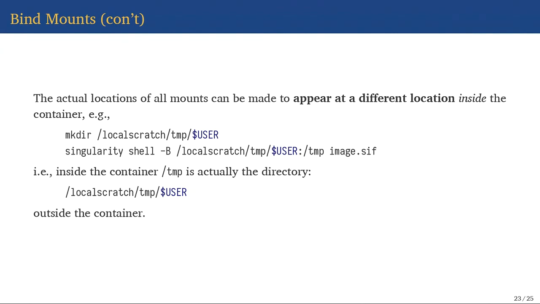You probably just want the temporary space available through the local scratch mount, so you can write all those files and you don't have to worry about running out of memory. So that will get you out of a bind there, using the bind mount, but remapping the directory name. If you don't specify colon and where you want it inside the container, it will mount it at the same location inside the container.